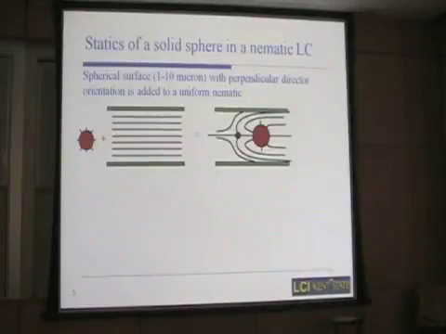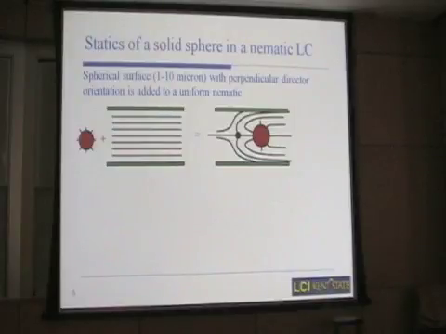So if you have a sphere, you have a kind of hedgehog around the sphere. So what would happen if you would throw this sphere into the uniformly aligned nematic liquid crystal? Obviously, the far field, which is uniform, has to be somehow matched with the radial distribution around the sphere.